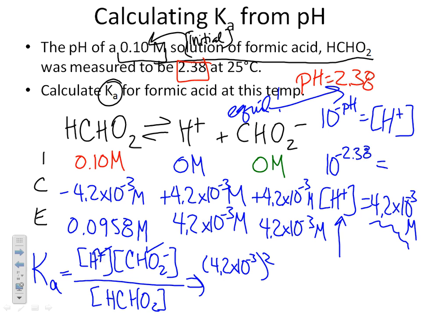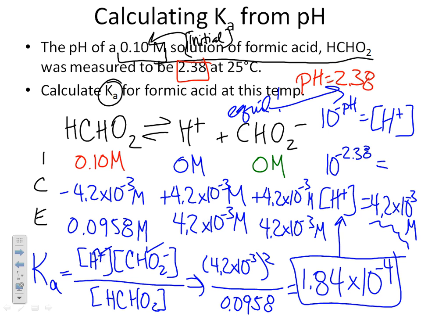They're both the same, so it's just 4.2 times 10 to the minus third squared, divided by the formic acid, 0.0958, and then it's just doing math. It's solving for the K value. When you do that, which I would like you to do, pause the video, you get a Ka value of 1.84 times 10 to the minus 4th.